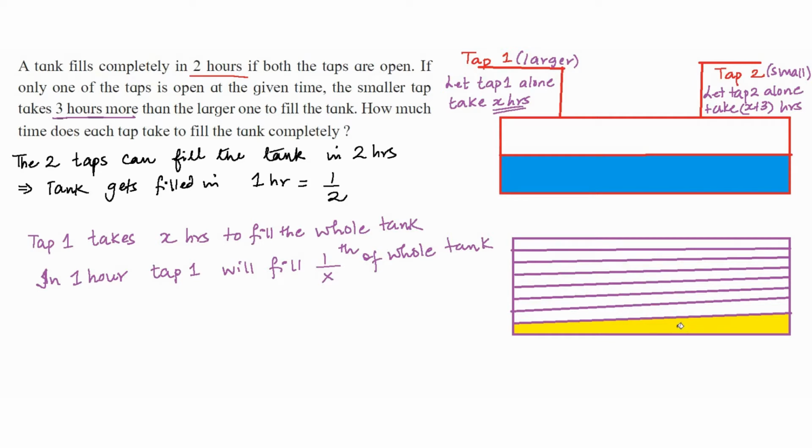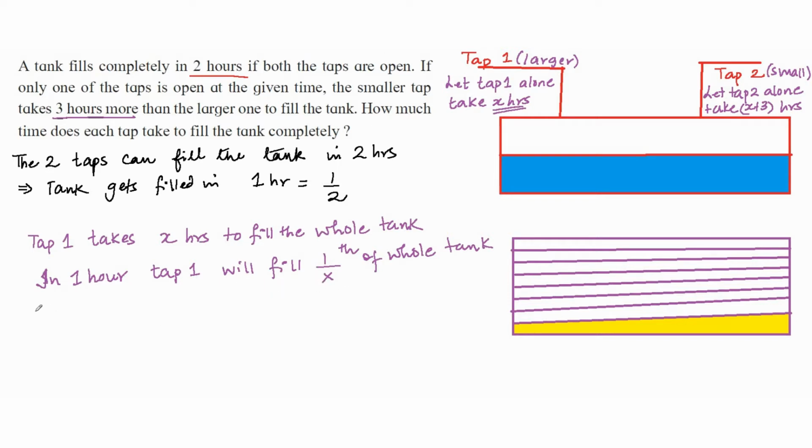So if it was taking 8 hours, then in 1 hour, 1/8 of the tank was getting filled. So if it takes x hours to fill the whole tank, then it will fill 1/x of the tank in 1 hour.